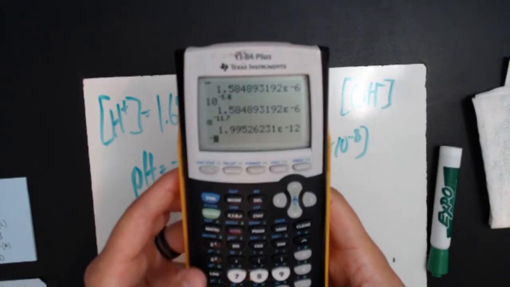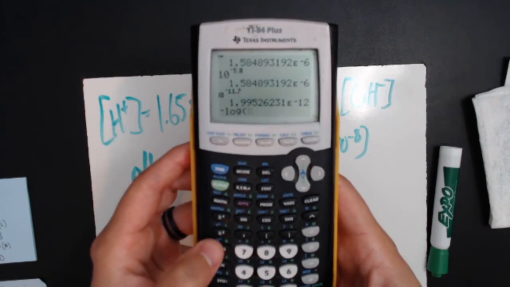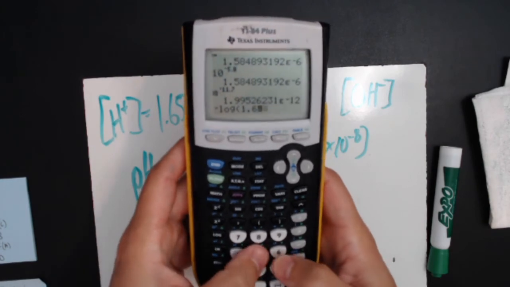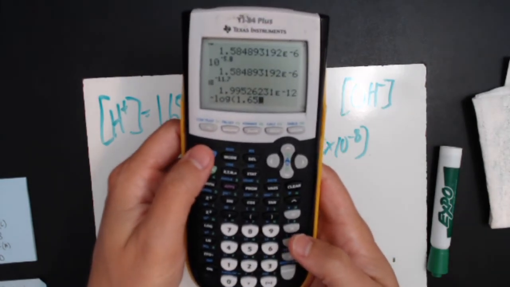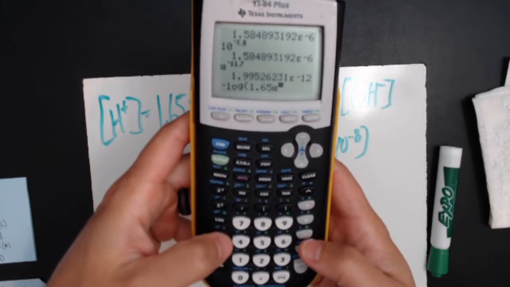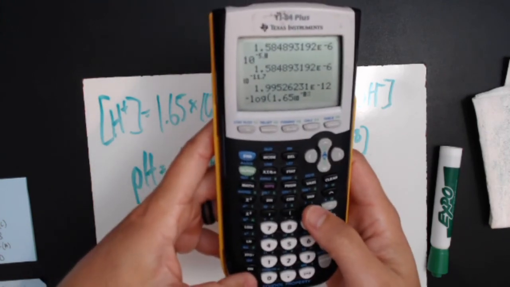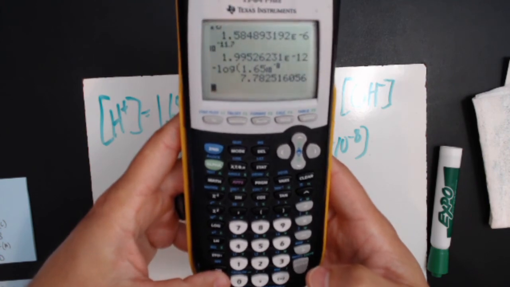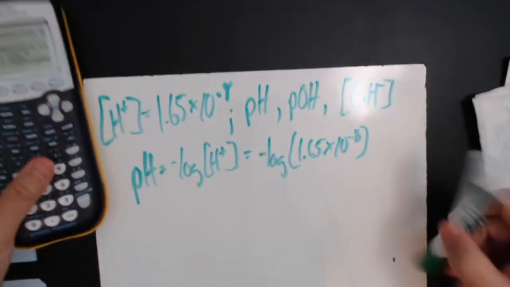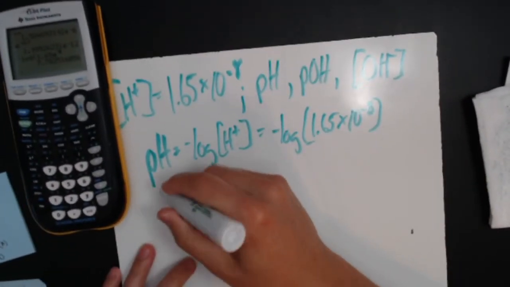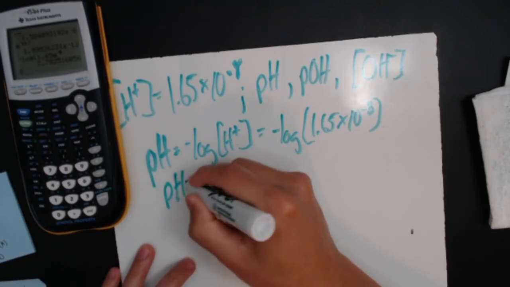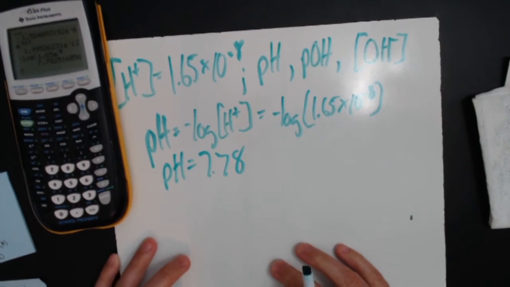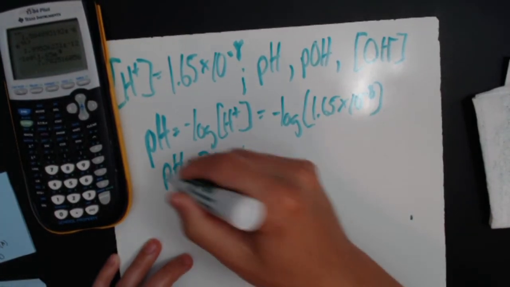Negative log, punching in the number, 1.65 times 10 to the negative 8. Don't even have to close the parentheses. Just hit enter. 7.78. So pH is 7.78. All right, there's the first step.